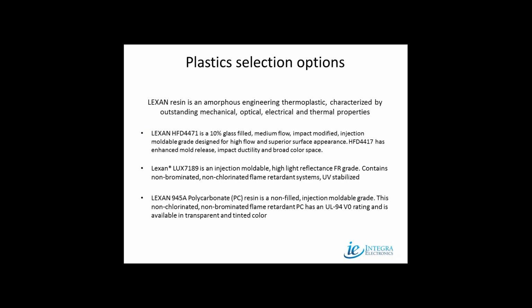And then oftentimes customers want to do more of a polycarbonate just because it's easier to mold. It's going to be used outdoors, and maybe there's a 94 VO rating that needs to be established with this particular part. Then the Lexan 945A polycarbonate is a good resin. But this gives you just a basic overview of the types of plastics that are available out there.